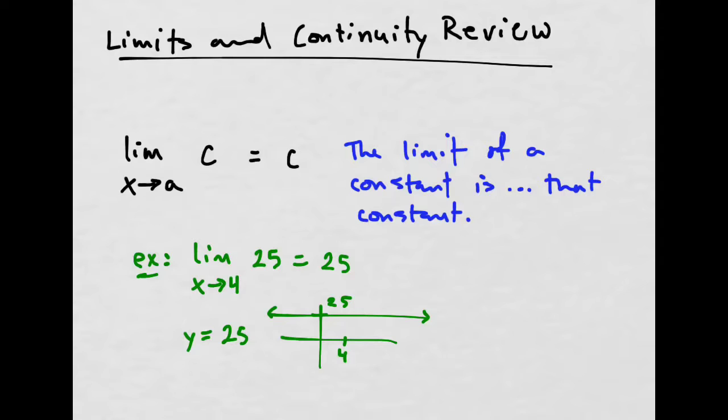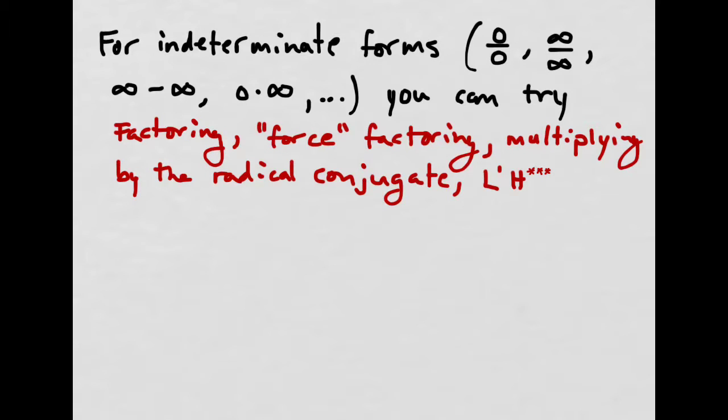So, we're moving on. Another thing I want to remind you of is the indeterminate forms, like 0 over 0 and infinity over infinity. Those are special ones. You can use L'Hopital's rule for those. Maybe I'll circle that in red. Or infinity minus infinity, or 0 times infinity, or 0 raised to the 0 power, or infinity raised to the 0 power.